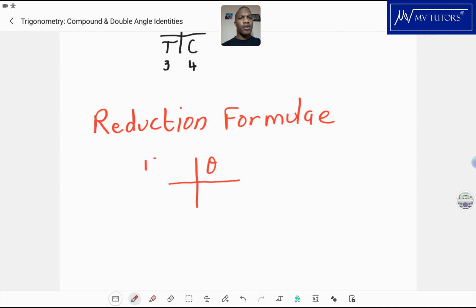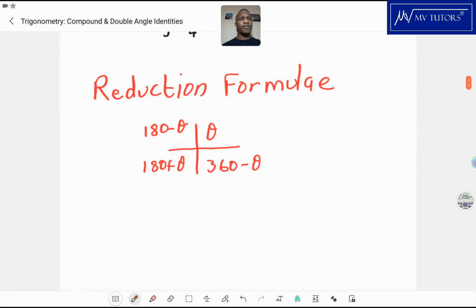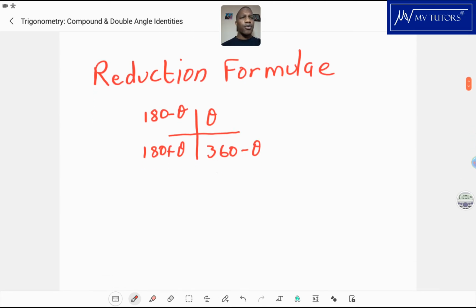Here, this quadrant is 180 minus theta. This one is 180 plus theta. This one is 360 minus theta, also known as just minus theta as well.